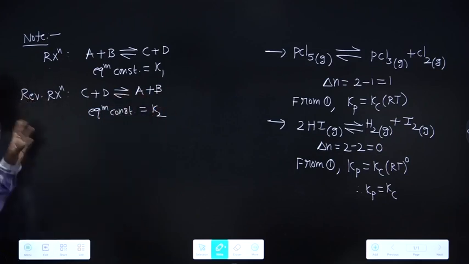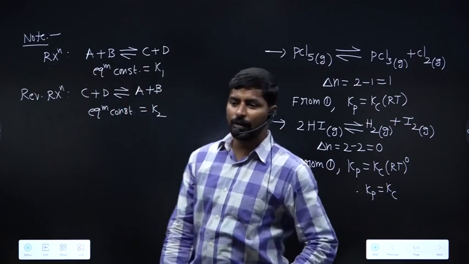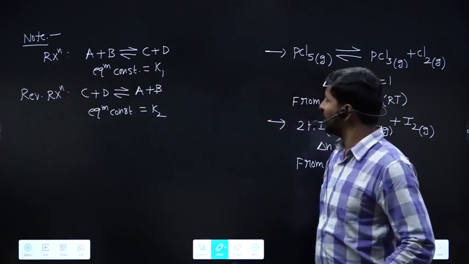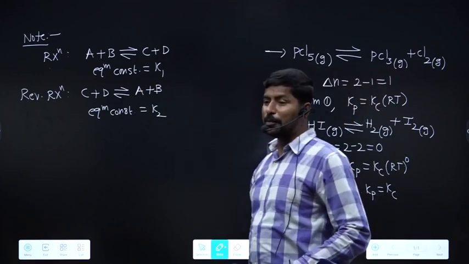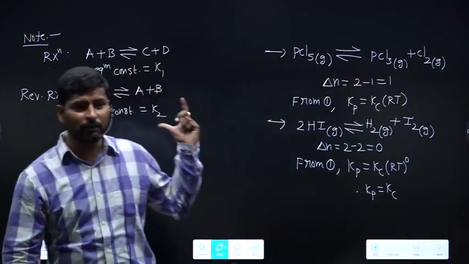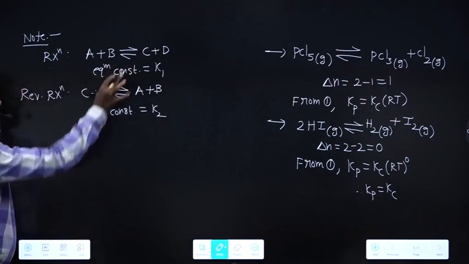Then what is the relation between K1 and K2? K1 is equal to 1 by K2, or K2 is equal to 1 by K1. Both are inverse to each other.